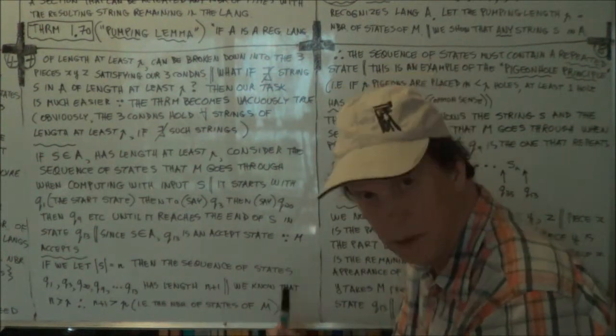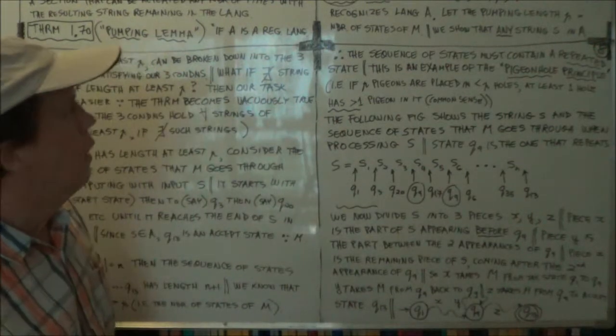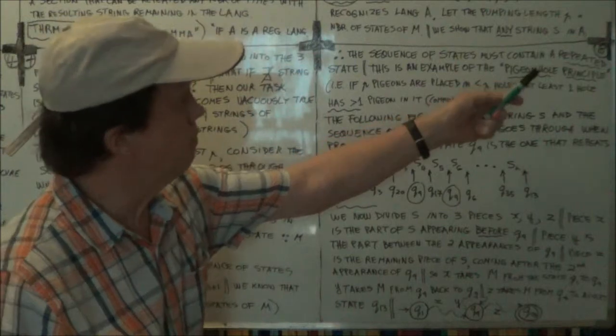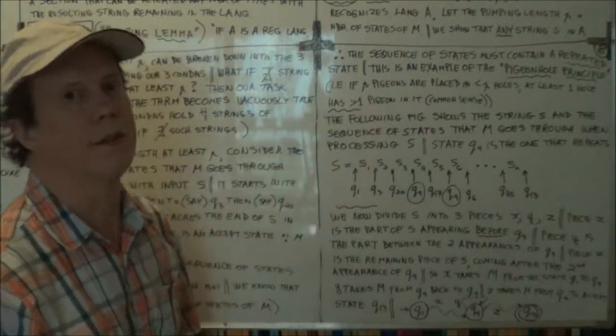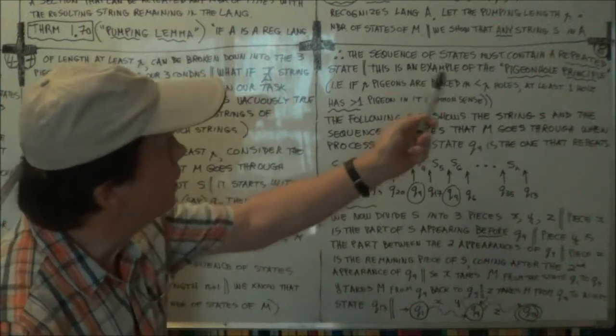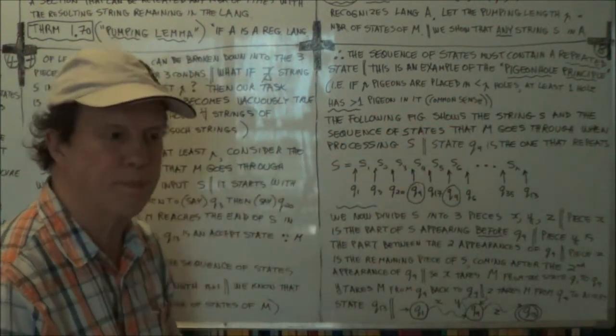And that's an example of the pigeonhole principle that I was talking about a bit earlier. So that sequence of states must have a repeated state. And what is that, the pigeonhole principle?